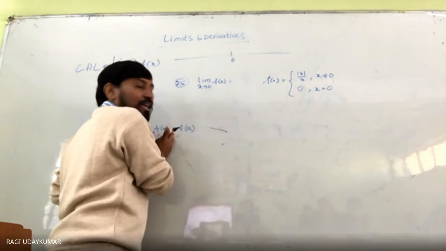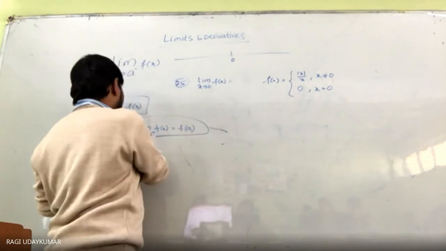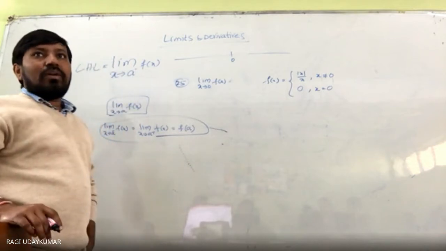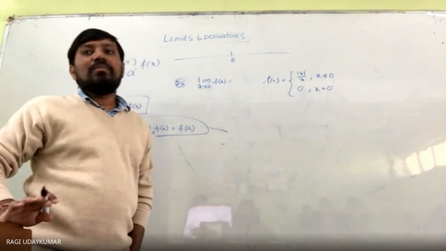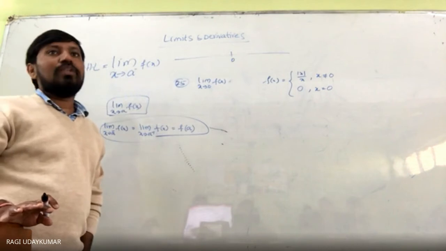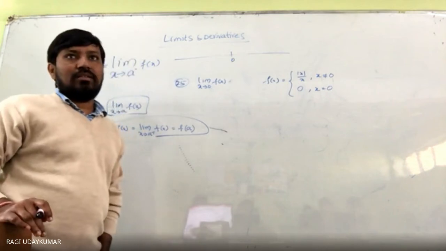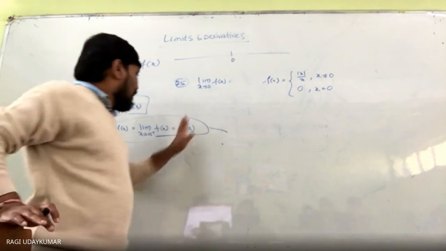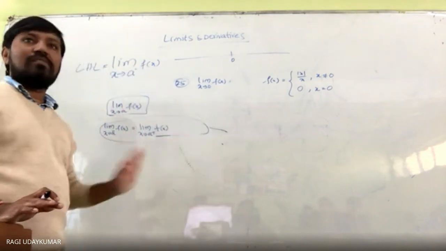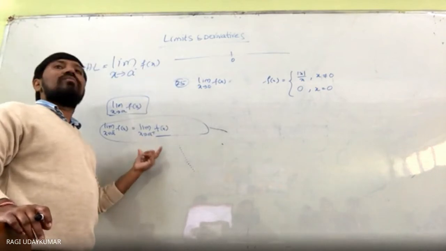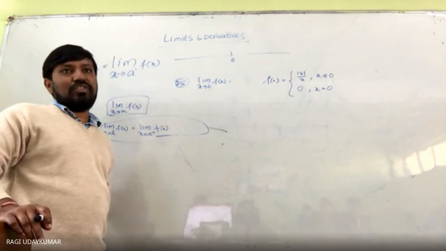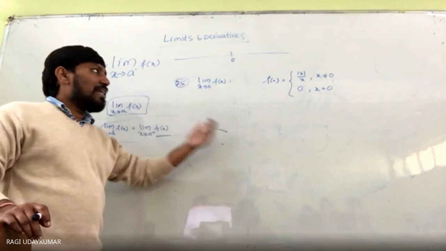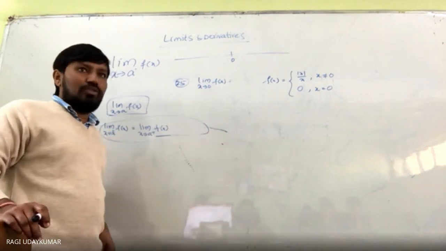If this is equal to f of a, then if left hand limit and right hand limit are both equal, you can say that the limit exists. Whether they are equal or not, in this situation you need to check it.